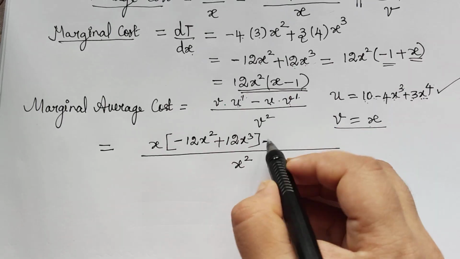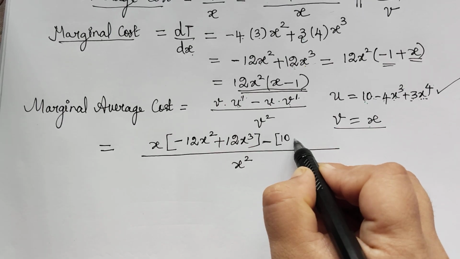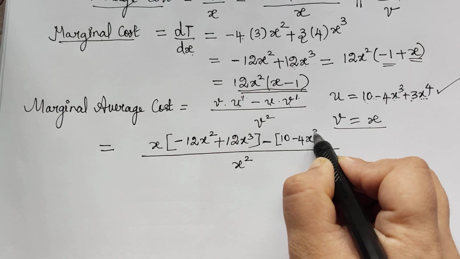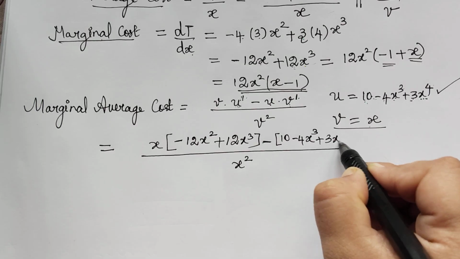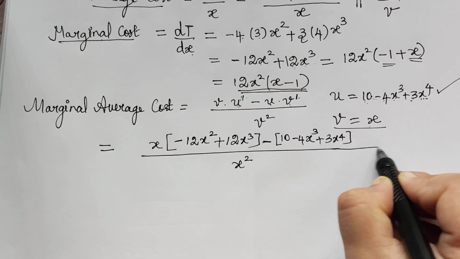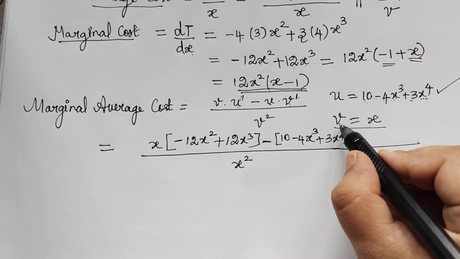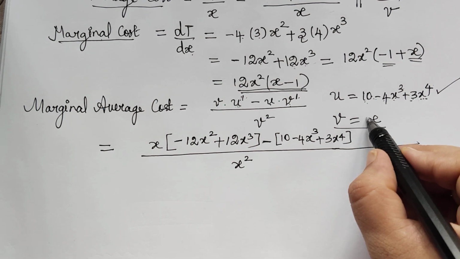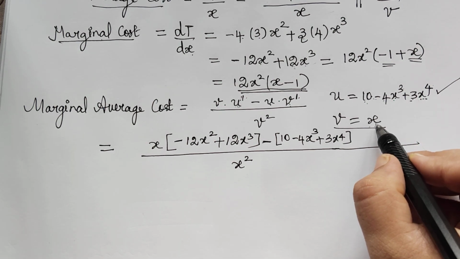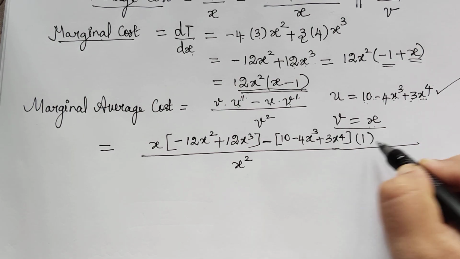u is what? This. So it will be 10 minus 4x cube plus 3x to the power 4. So u multiplied with v dash. v dash is what? The differentiation of x. What is the differentiation of x? It is 1. So multiplied by 1.